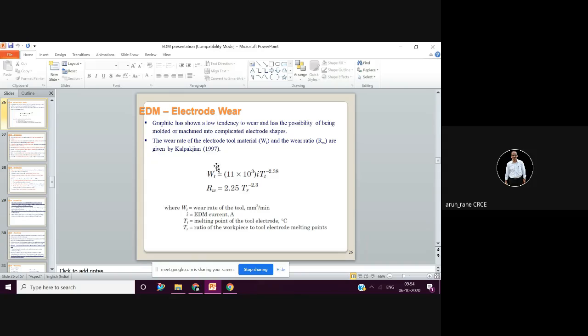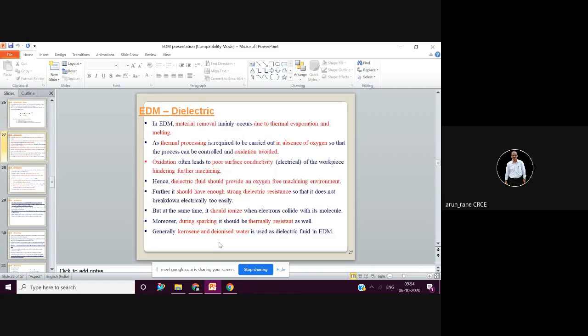So this is the wear rate of the electrode tool material and this is your wear ratio. So the more the current, the more is the wear of the electrode.